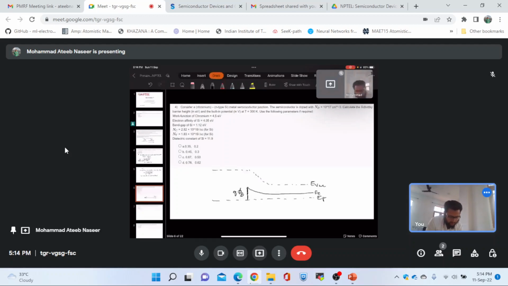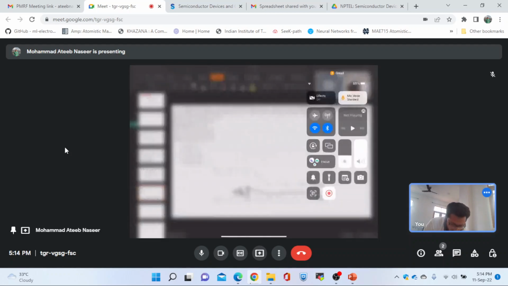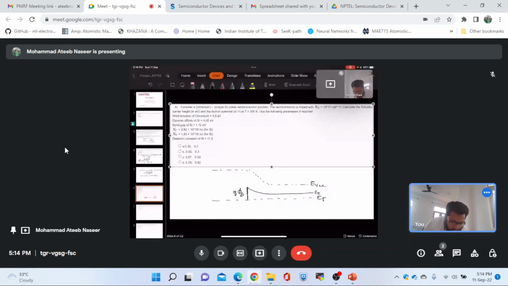One second, I think there is some issue with the internet. Oh, it's okay now. Yes, it has come up over here. So this phi B is the barrier height, and this will be the valence band.